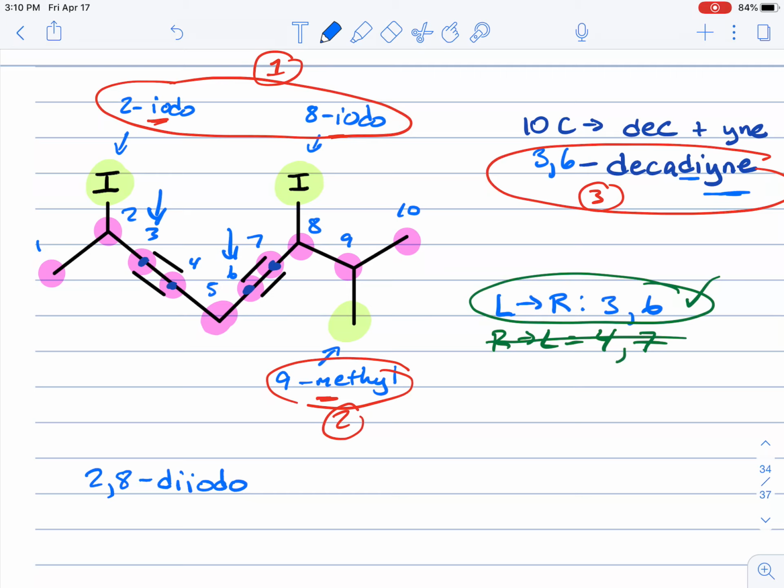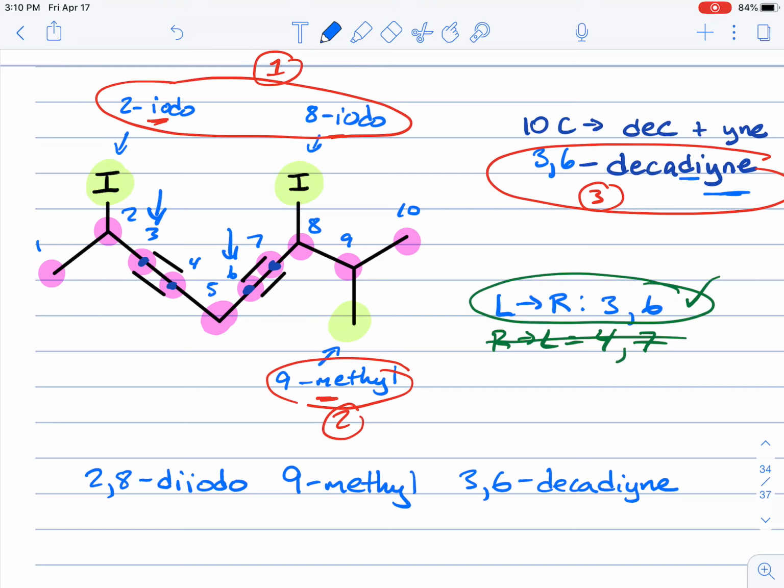So it's di-iodo. All right, the next one is 9-methyl, and the last one is going to be 3,6-decadiyne.